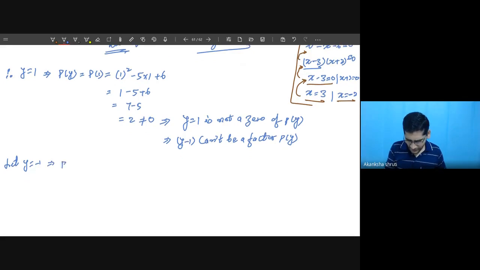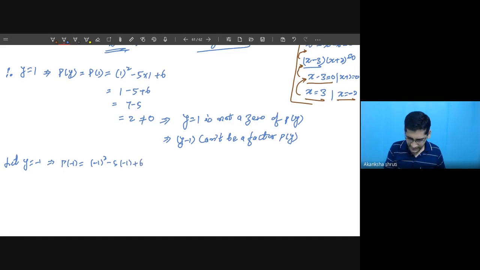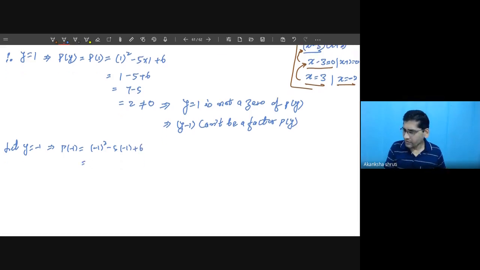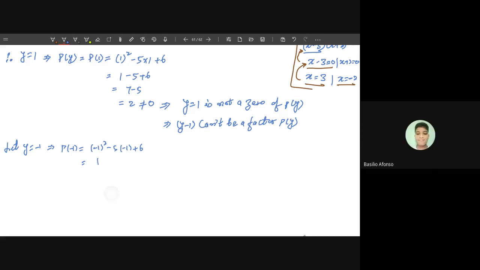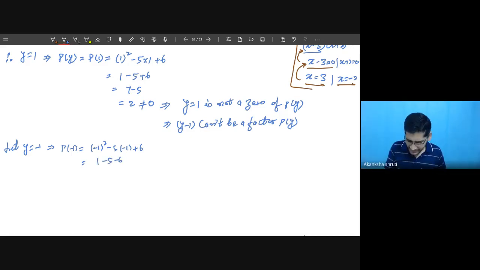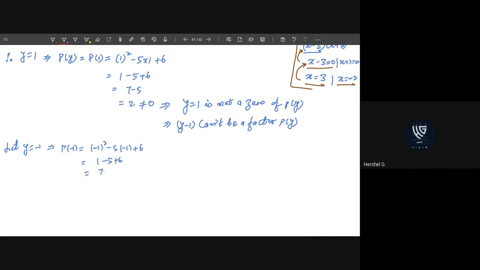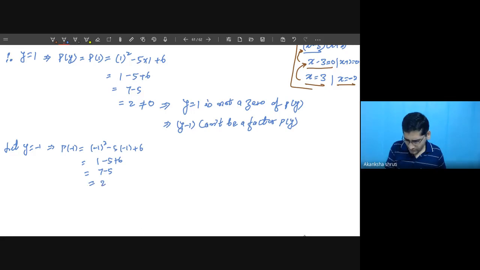What is p of minus 1? What does it become? Minus 1 square minus 5 into minus 1 plus 6. See how much it becomes? Again 1 plus 5 plus 6... 1 minus 5 plus 6. Good. So again it is 2 only, means it is like 7 minus 5. It is 2. This is not equal to 0.